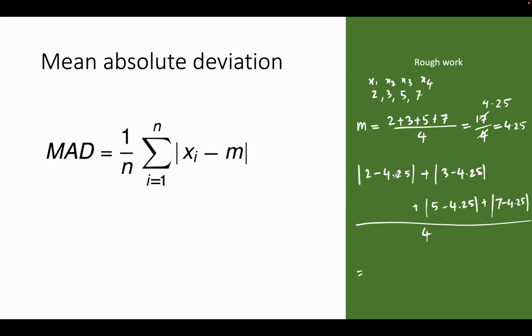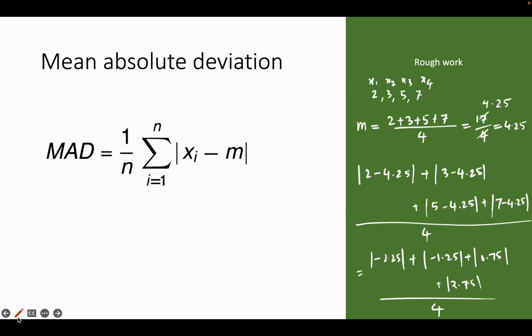So 2 minus 4.25 gives modulus of minus 2.25, plus 3 minus 4.25 gives minus 1.25, plus 5 minus 4.25 gives 0.75, and plus 7 minus 4.25 gives 2.75, and this whole divided by 4.